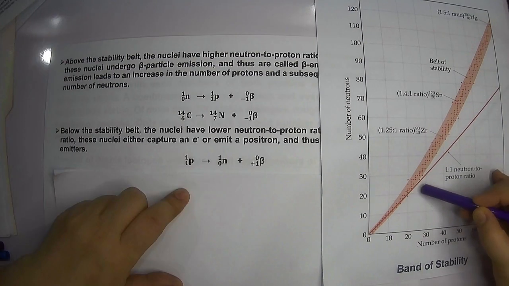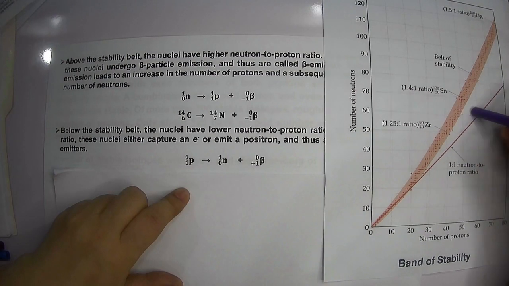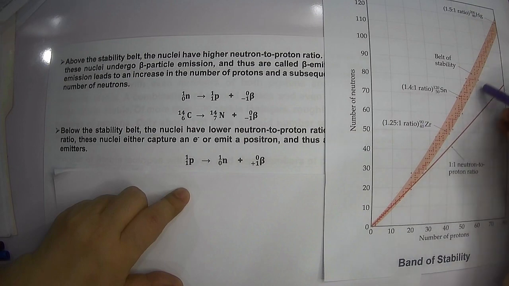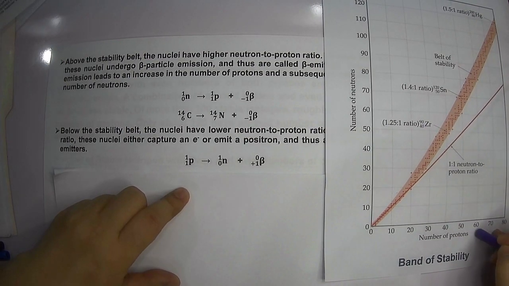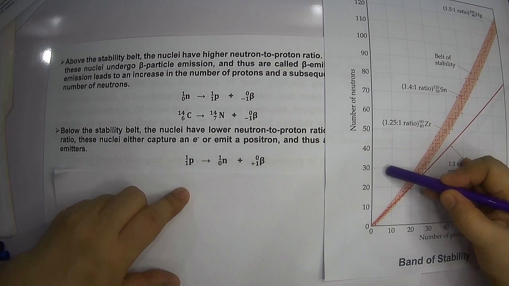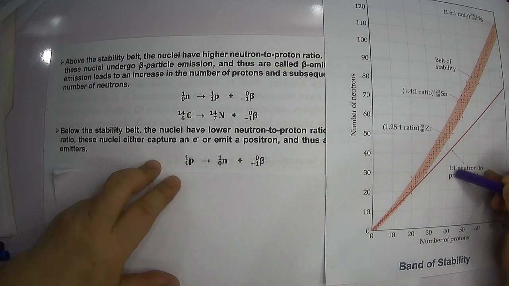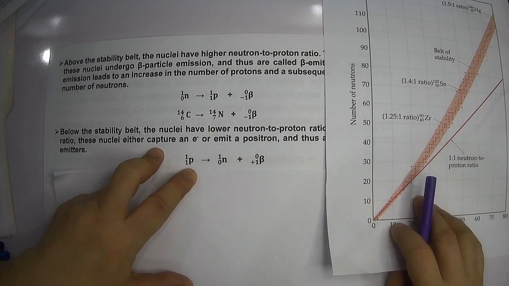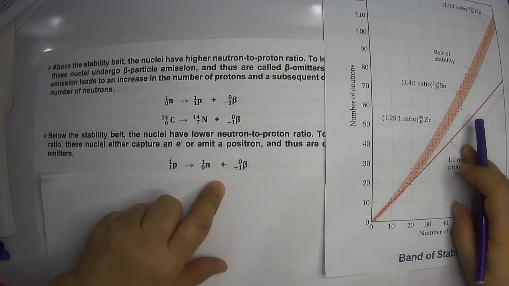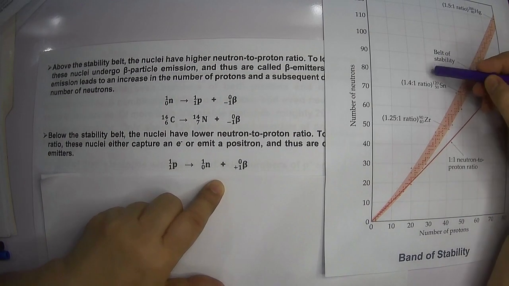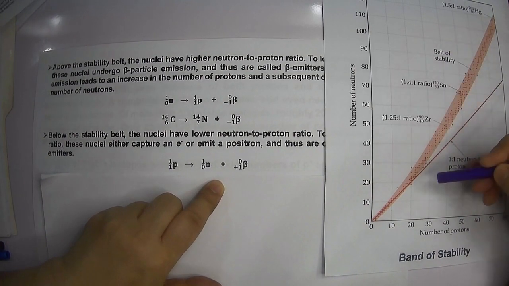If the neutron-proton ratio of a nucleus falls below the stability belt, that means the number of protons is greater than the number of neutrons. So the proton must be converted to a neutron to increase the ratio, whereas for those above, you have to decrease the ratio.